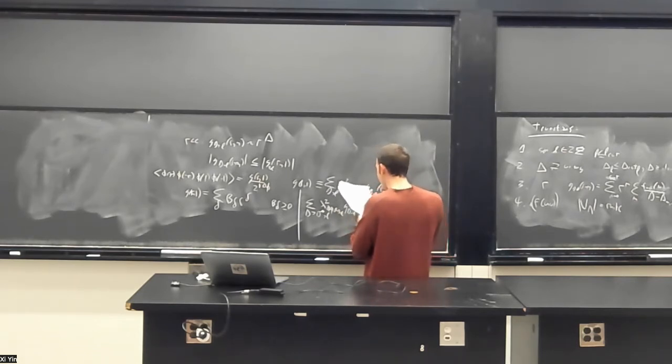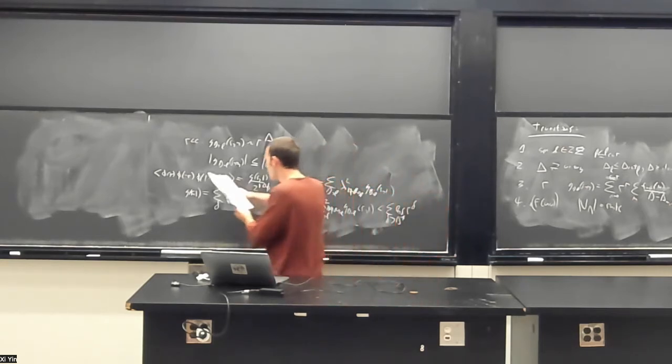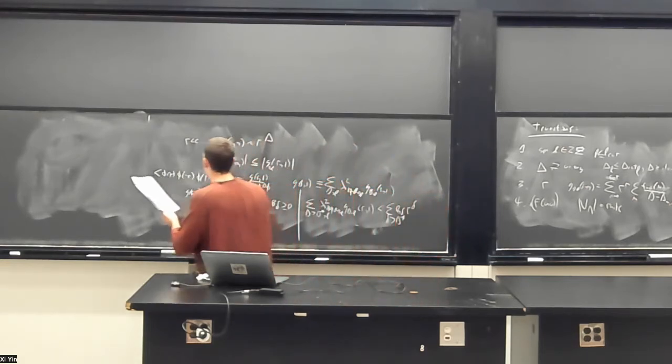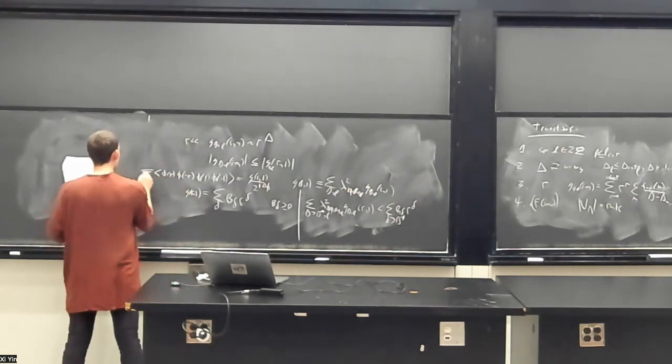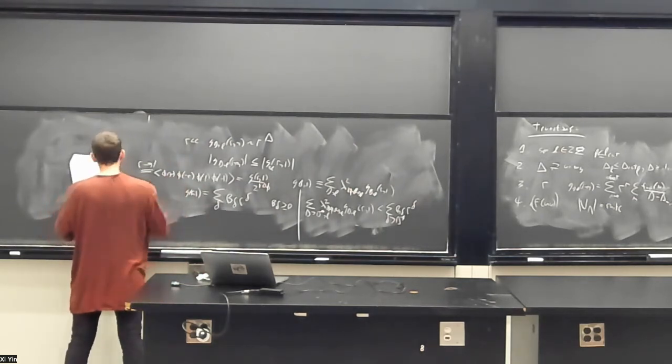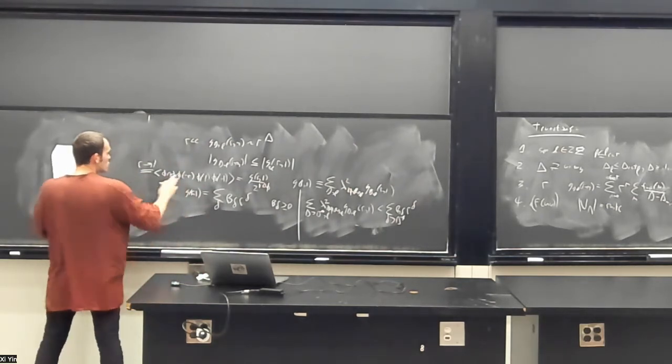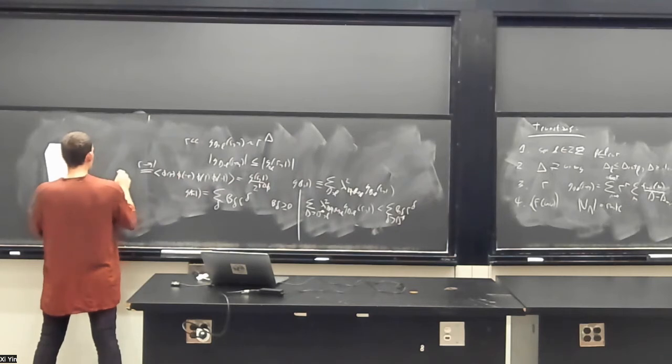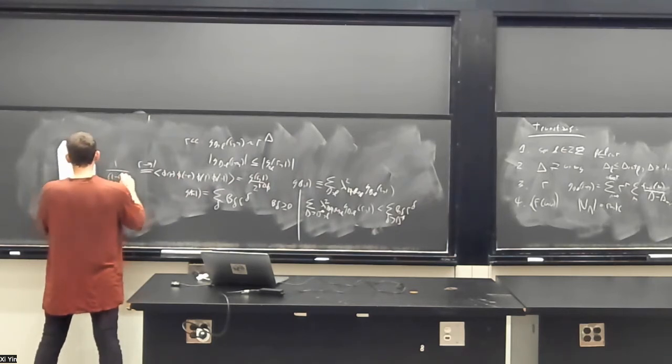So if we want to bound the right-hand side, we should then consider the limit of R goes to 1 in this 4-point function. So let's furthermore consider the limit where R is going to 1, in which case you could show based on the explicit expressions that this thing is roughly 1 over 1 minus R to the 4 delta phi.